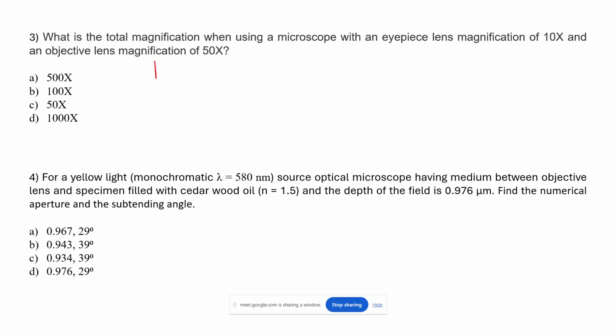This also we discussed in our slide, that the total magnification of an objective lens and the eyepiece is given as the magnification of the eyepiece into the magnification of the objective lens.